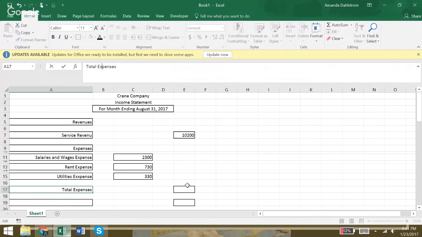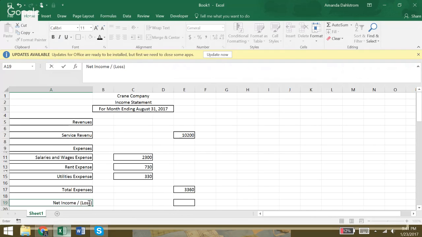And to find that, we simply are going to sum our wages, rent, and utilities expense. Comes to a total of $3,360.